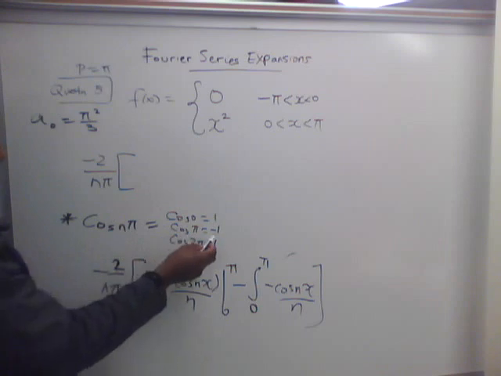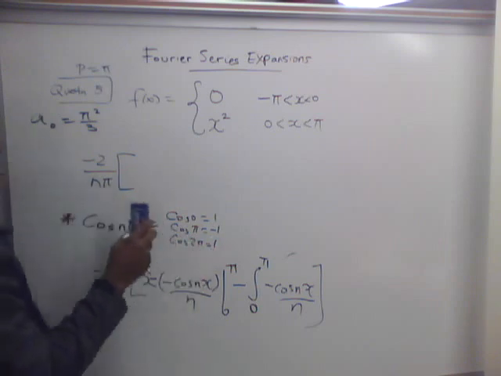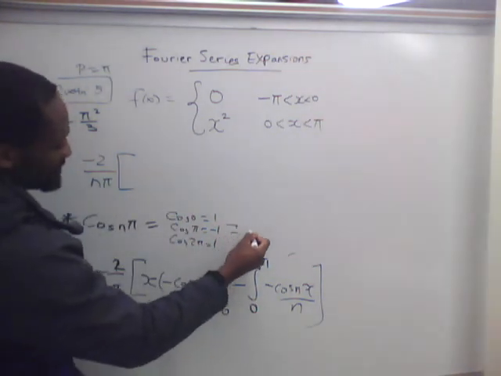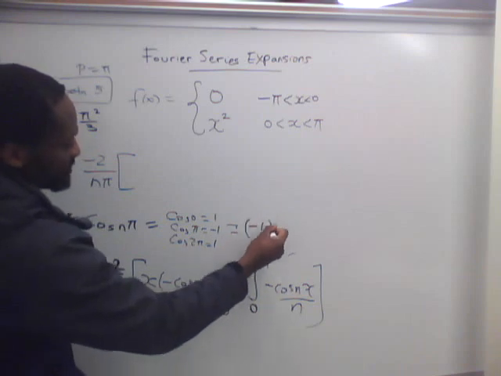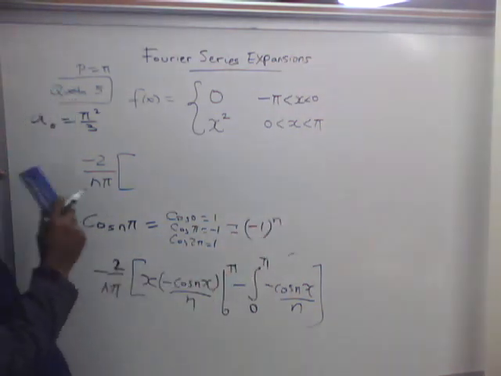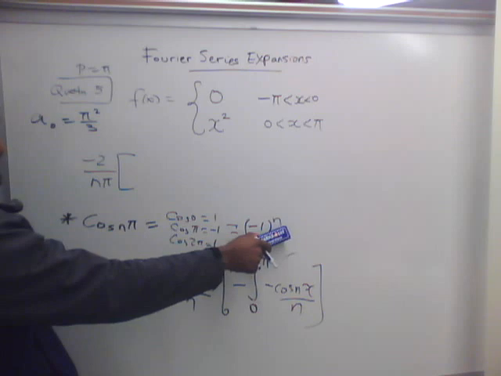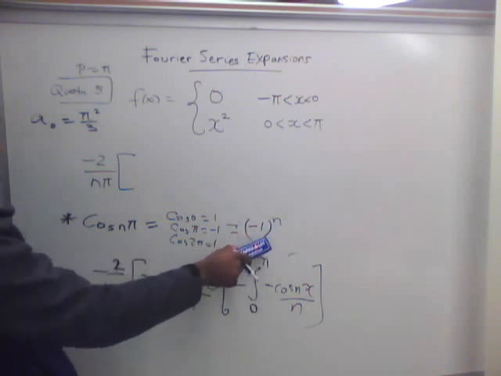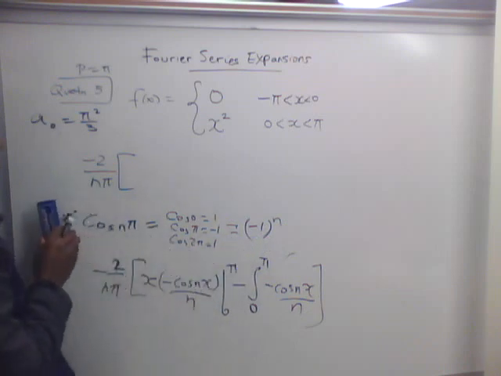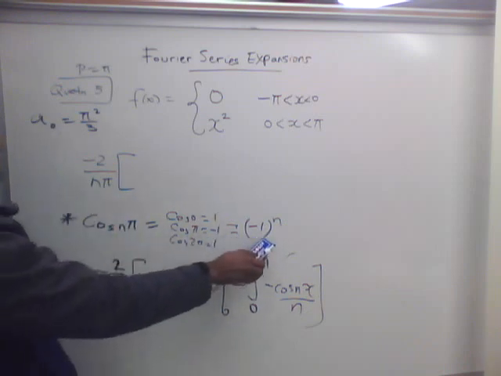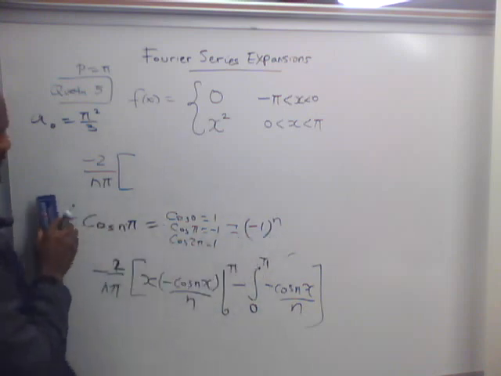For odd n, I get a negative. So I can rewrite this as negative 1 to the n. Again, for even n, this ends up being positive 1. For odd n, this ends up being negative 1. So cosine n pi can be rewritten as negative 1 to the n.